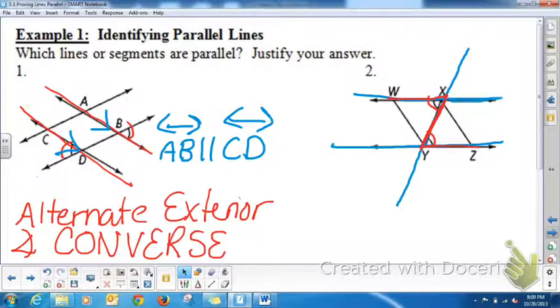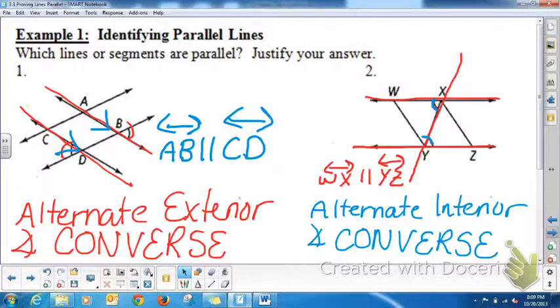If we're looking at this line WX and this line YZ, cut by this transversal XY, those are alternate interior angles, and if they are congruent, then we can prove that line WX is parallel to line YZ because of the alternate interior angles converse theorem. We can't prove any other pairs are, can we? Well, let's take a look.